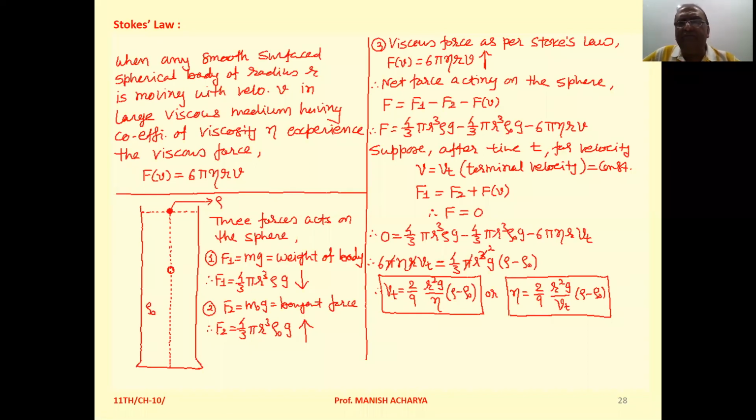With the help of a large number of experimental observations, he suggested that when any smooth surfaced spherical body of radius r is moving with velocity v in a large viscous medium having coefficient of viscosity eta, it experiences the viscous force 6 pi eta r v.